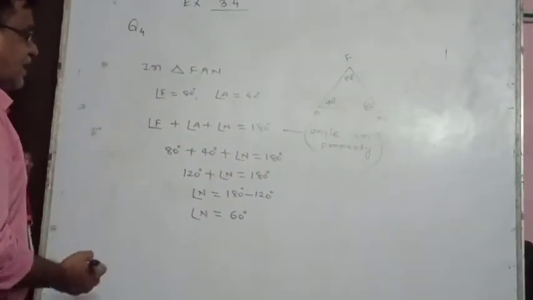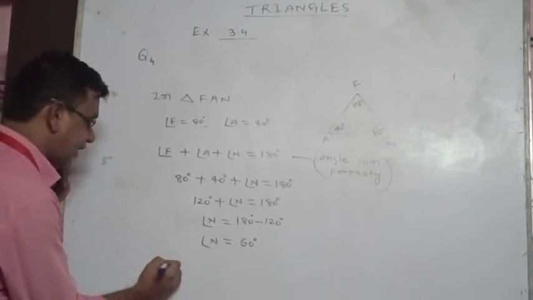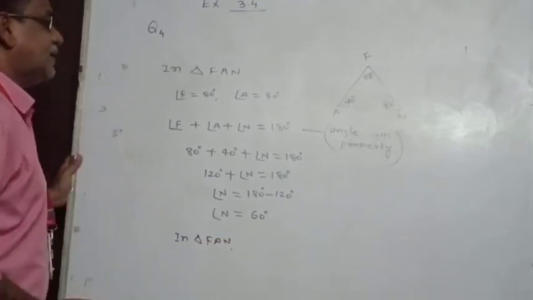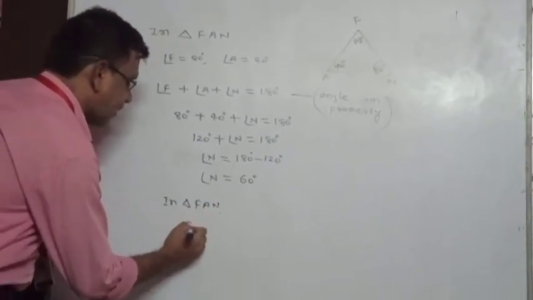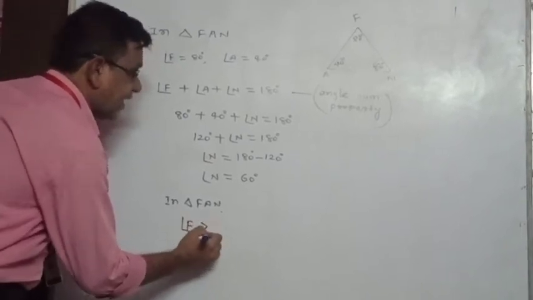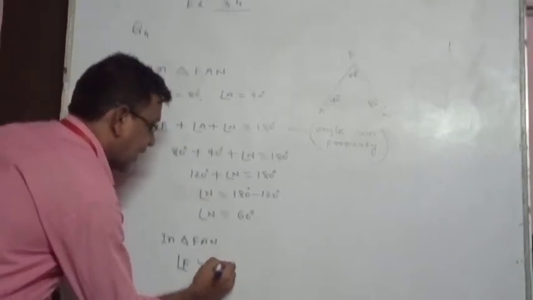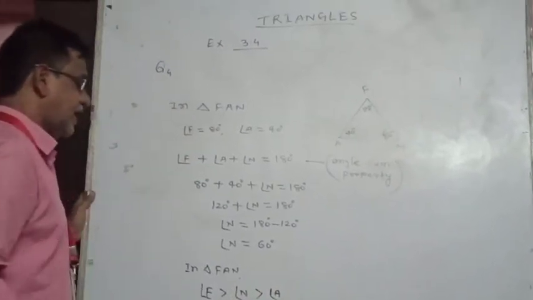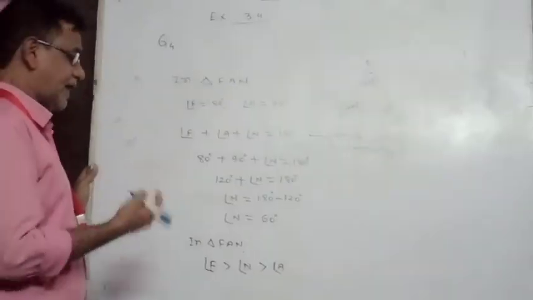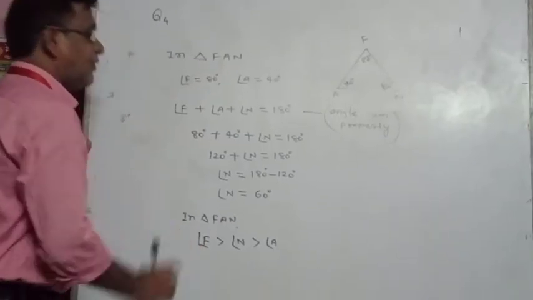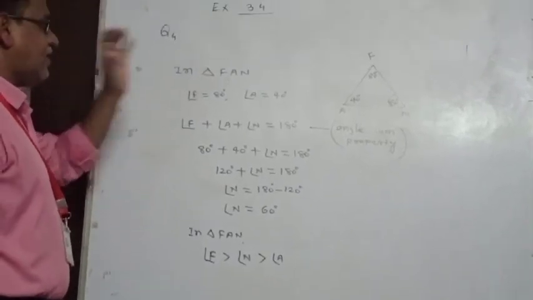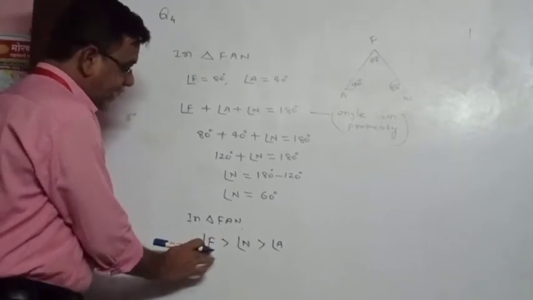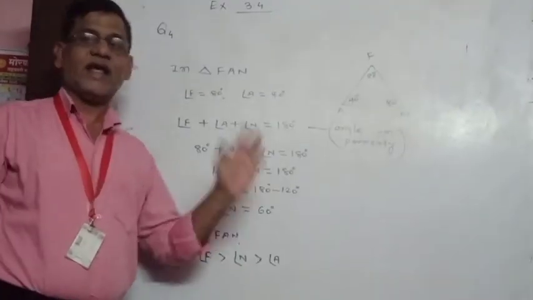Means now you can say that in triangle FAN, angle F is greater than angle N and angle N is also greater than angle A. Therefore, the theorem of inequality of sides of a triangle is there. The side opposite to greater angle is greater and side opposite to smaller angle is smaller.